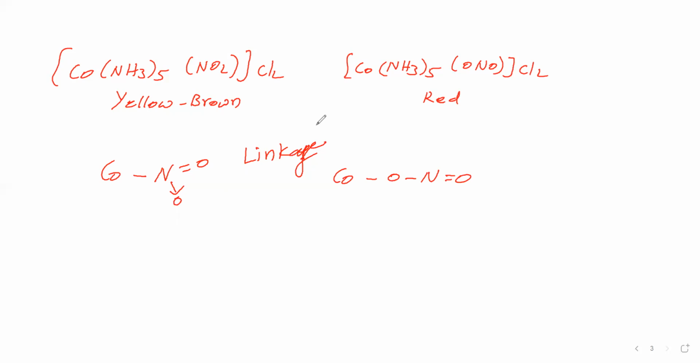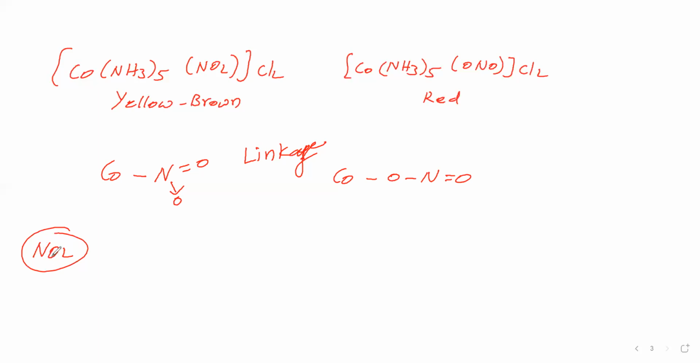So which ligand will show linkage isomerism? The ligand should have a minimum of 2 donor sites, and one of them should make a dative bond with the central metal. Here we are taking NO2. In this NO2, nitrogen is a donor as well as oxygen is a donor.